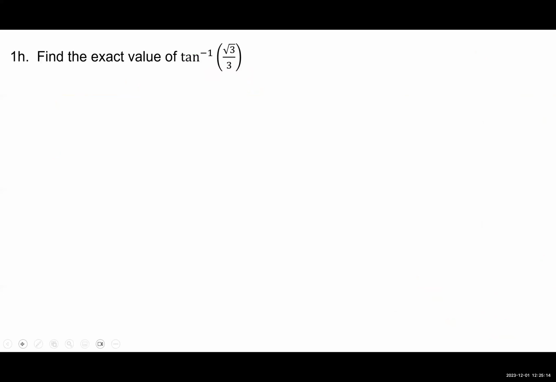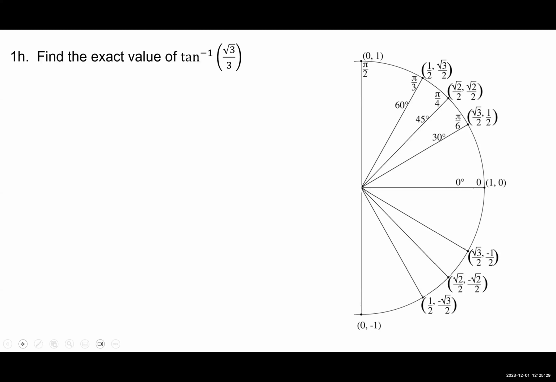Okay, what is the exact value of the tangent inverse of root 3 over 3? Well, it's tangent inverse. So that tells us we go to the right side of the unit circle.